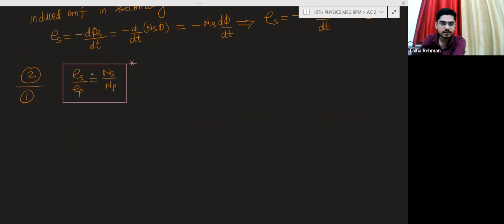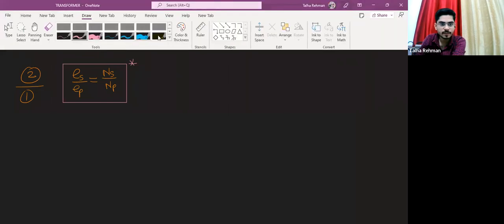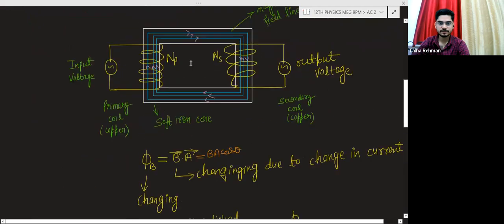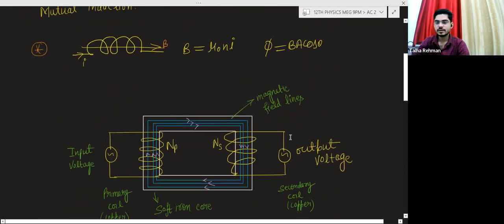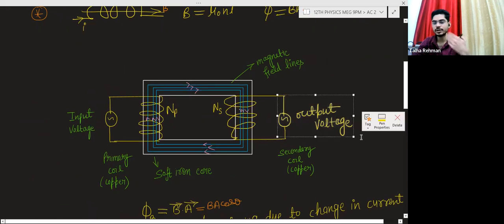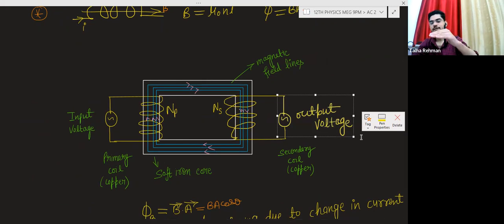Now, if the secondary voltage, if ES is greater than EP, okay, secondary voltage means output voltage, see here, finally you are getting a high voltage.